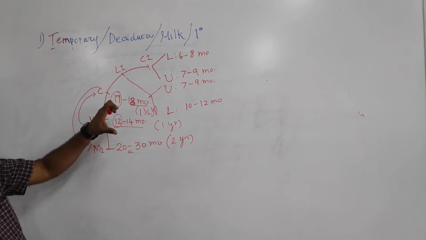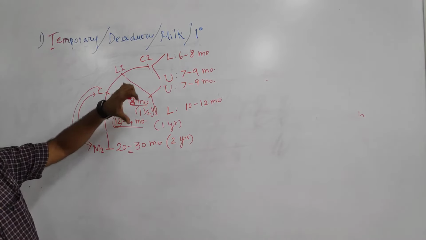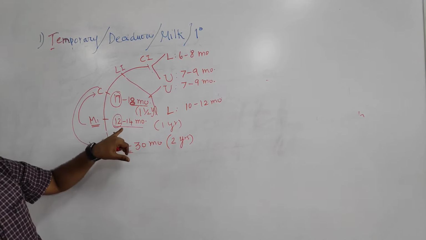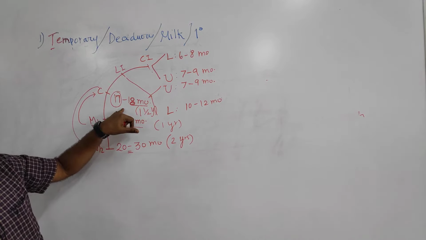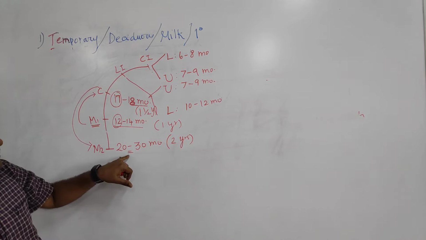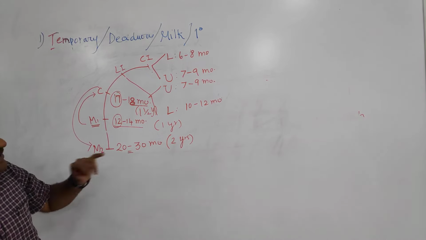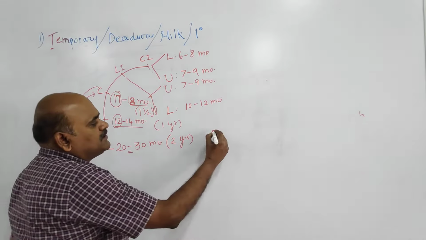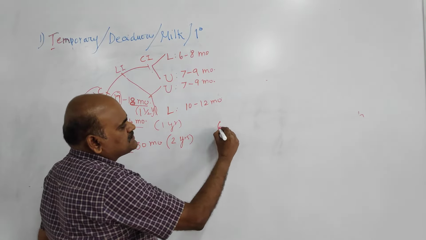So a 6-month formula we can apply. Starting from 6 months, lower central incisor, then by the 12th month first molar, then the 18-month canine tooth, then by 24 months or 2 years the second molar. This is sometimes called the rule of 6.